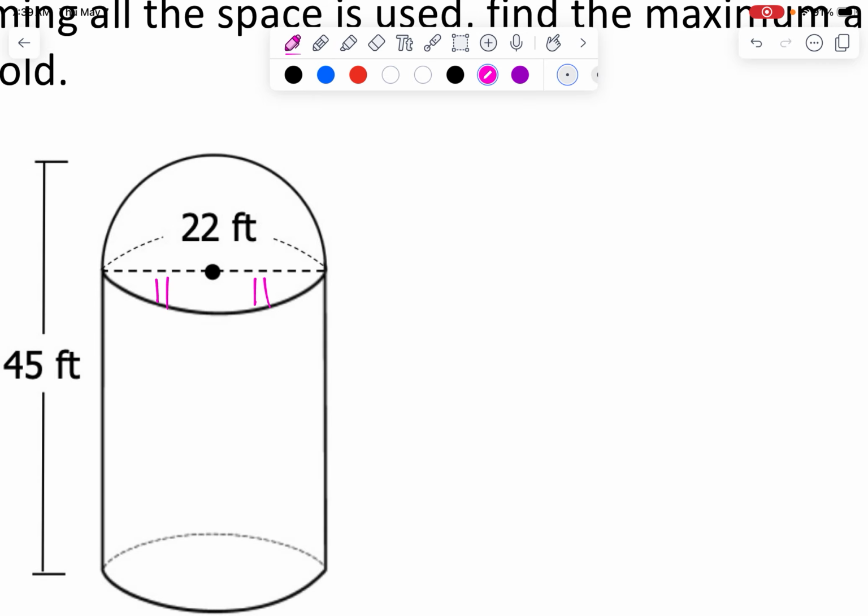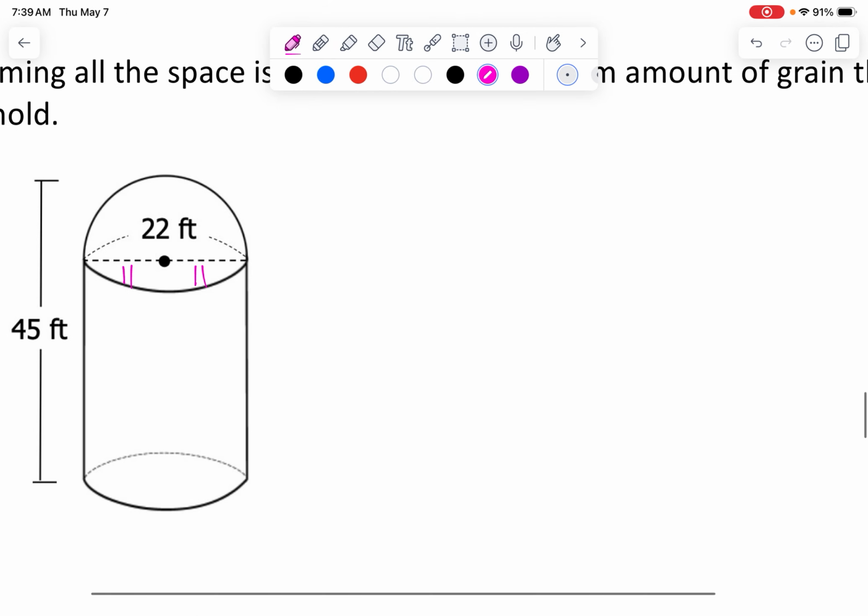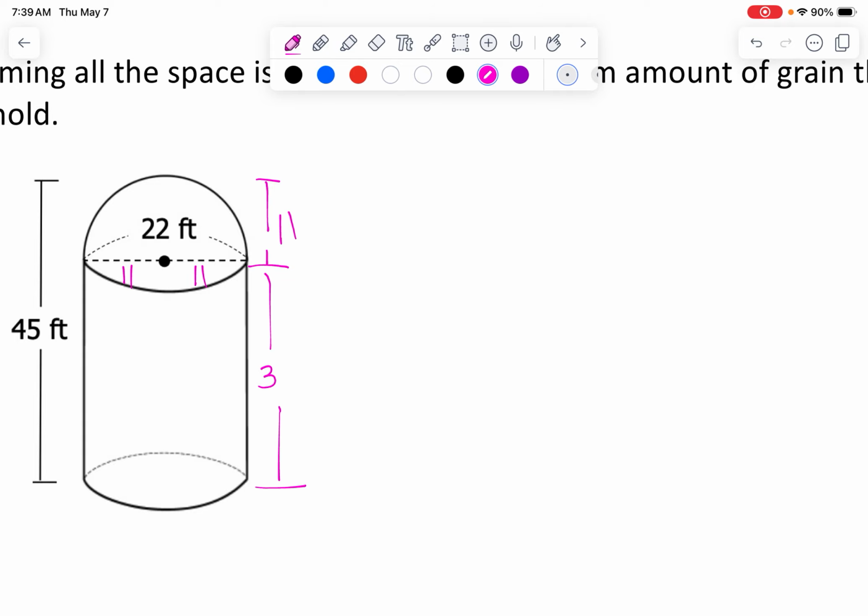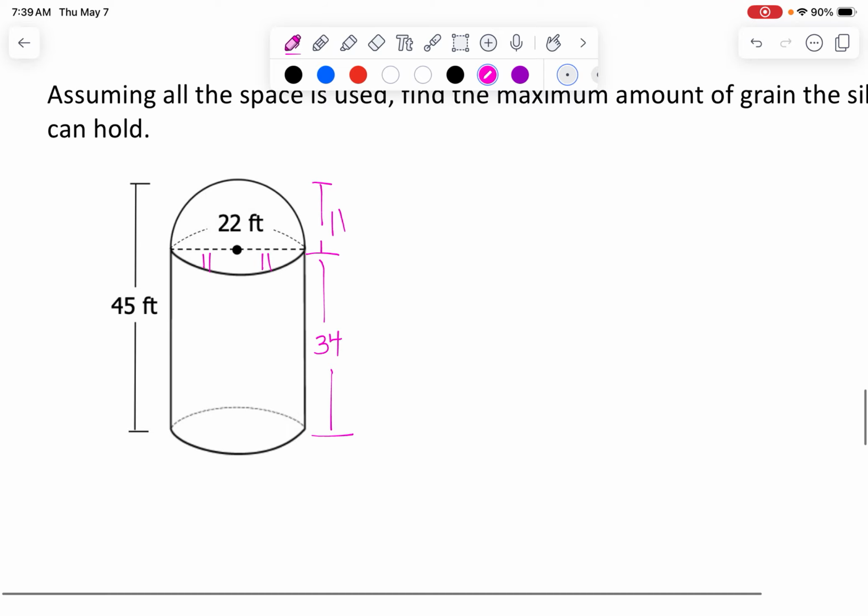Okay. Then that also means, let's see, so from here to here would be 11, which means then the cylinder is 34 if the whole thing is 45.